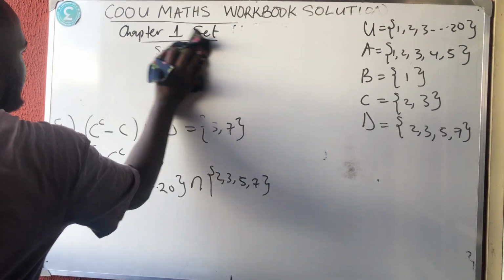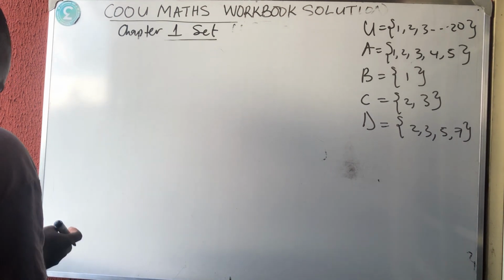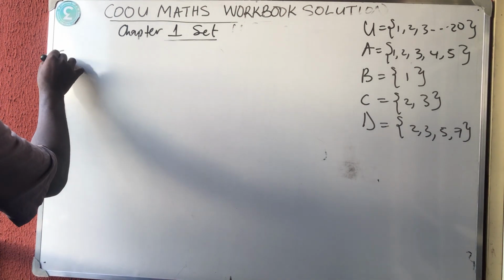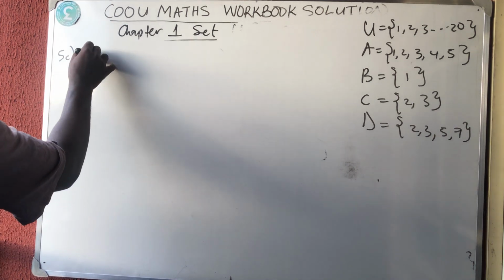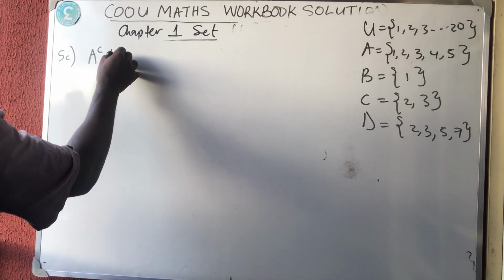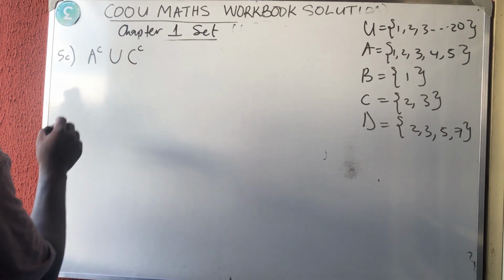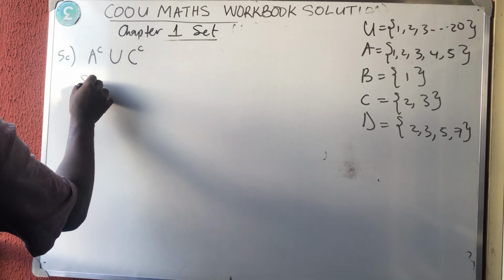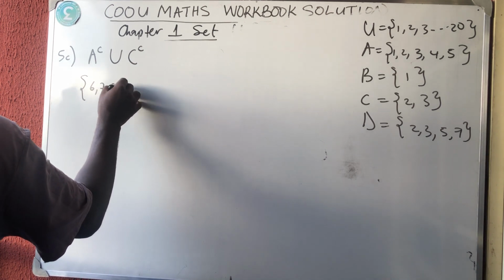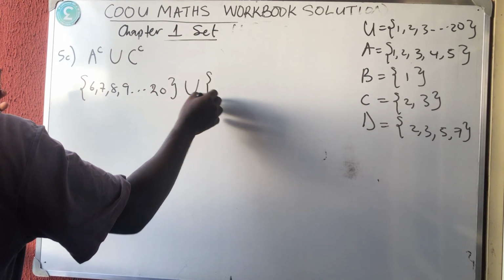Let me continue. 5C. And 5C is said A complement union C complement. A complement means to remove it from the universal set. I'm left with 6, 7, 8, 9 till 20, union.